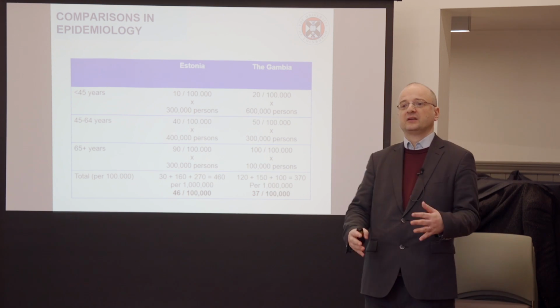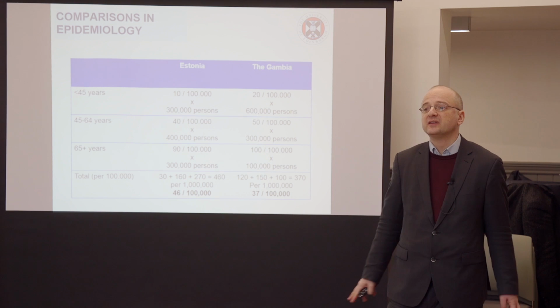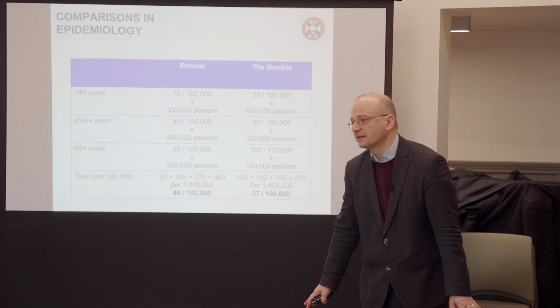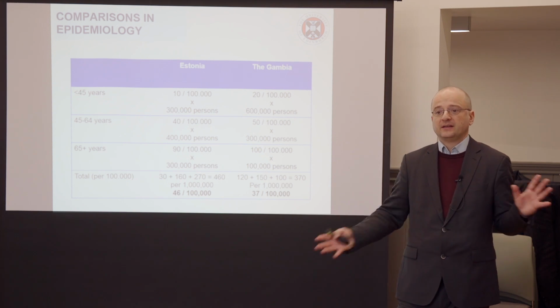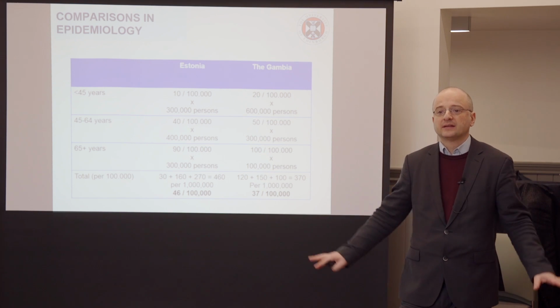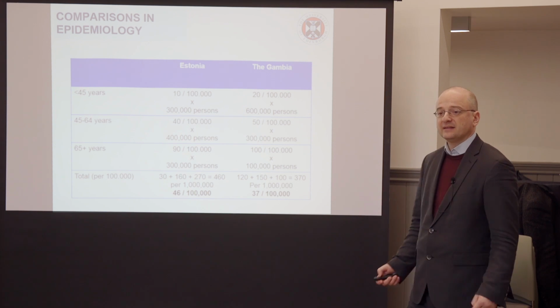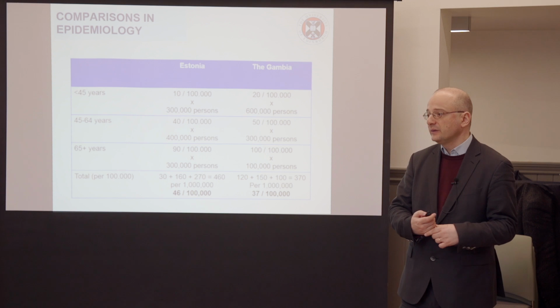So if you just looked at the so-called crude incidence, which is completely non-standardized, in those two different settings in their populations, you would conclude that the Gambia has less lung cancer than Estonia.